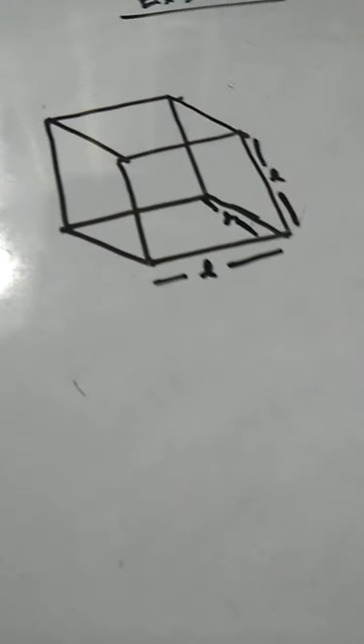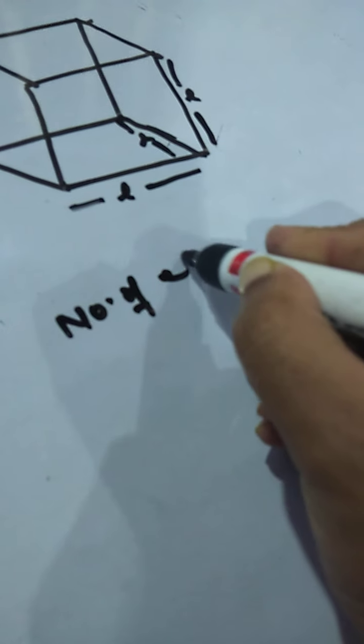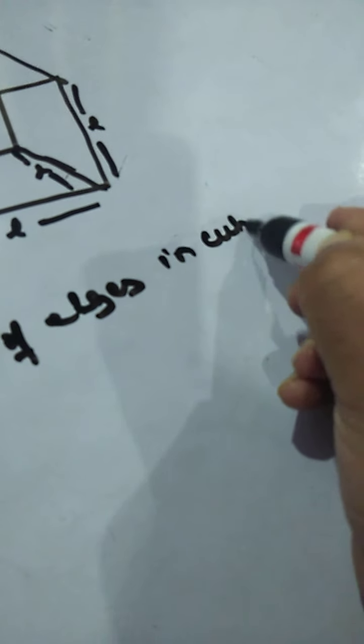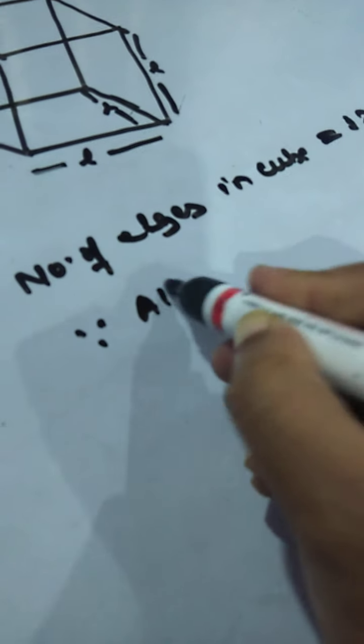So how many edges are there? There are 12 edges. So we'll write the number of edges in a cube is equal to 12.